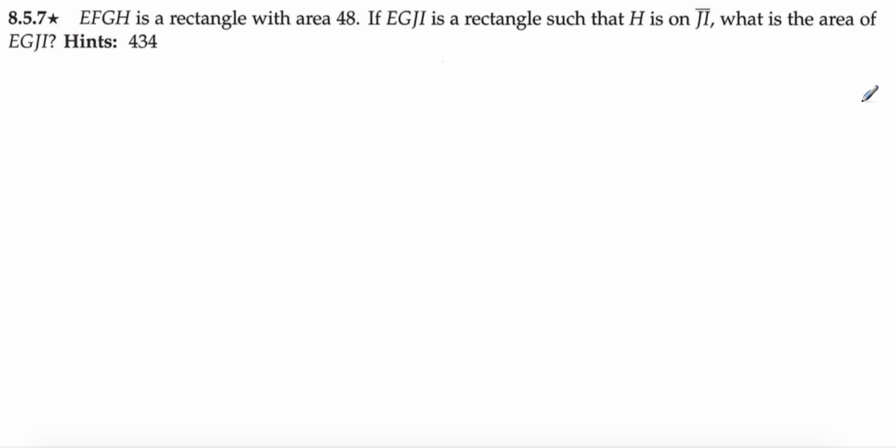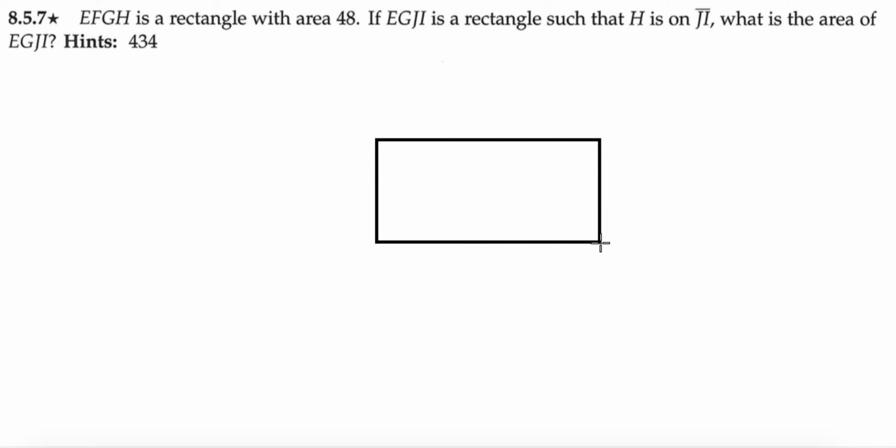Let's look at the last one. EFGH is a rectangle with area 48. So I'm going to just call this one EFGH. But the thing is, EGJI is a rectangle such that H is on the side.